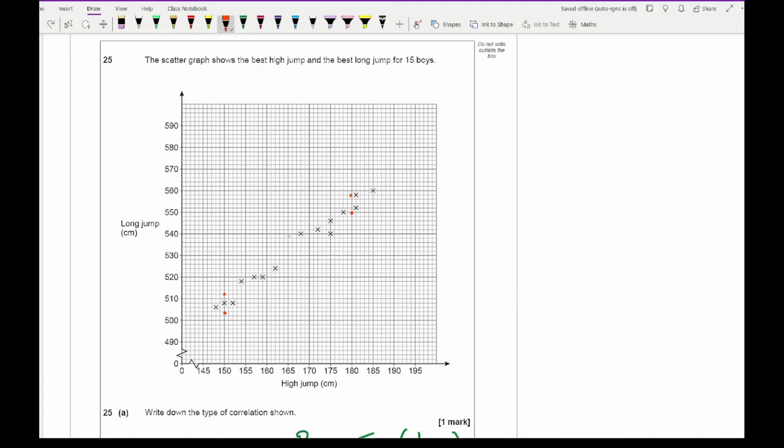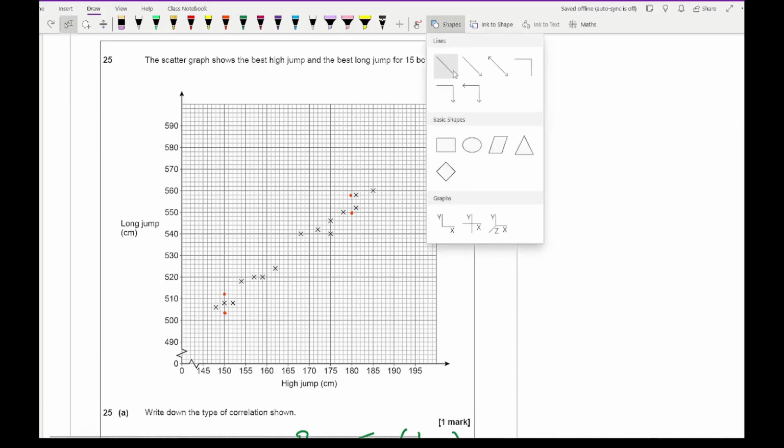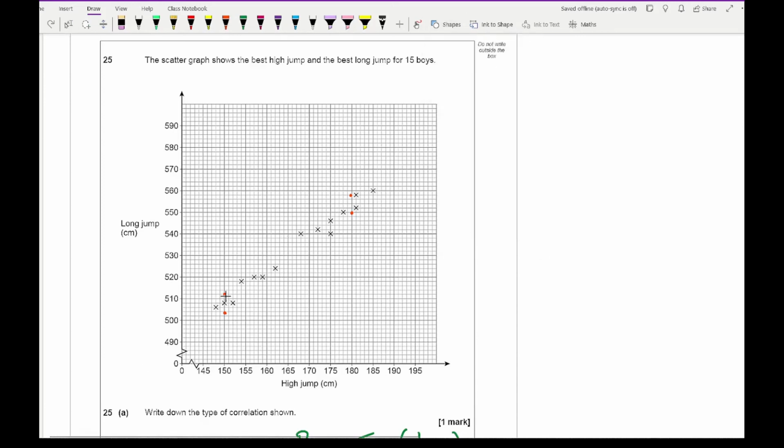Now if I just draw two lines connecting those dots together as best that I can, like so.